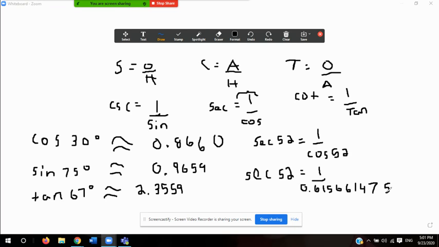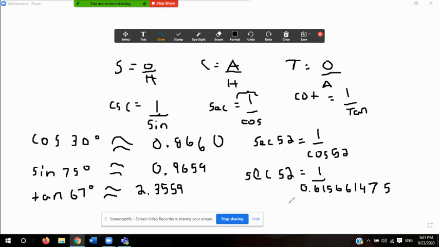And what you're going to do after that is divide. You're going to divide 1 over that number. So you take your calculator and say 1 divided by 0.615661475, and your answer is going to be 1.624269246, and that is a mouthful.